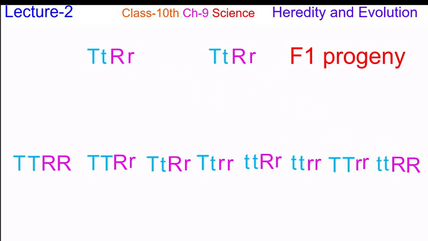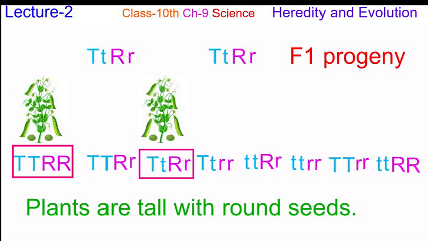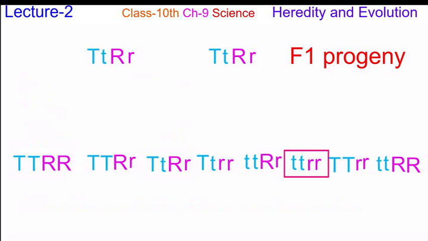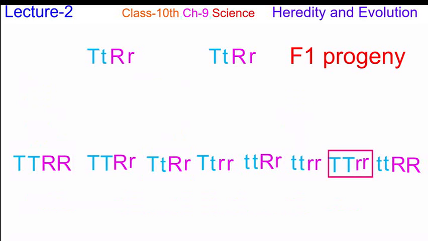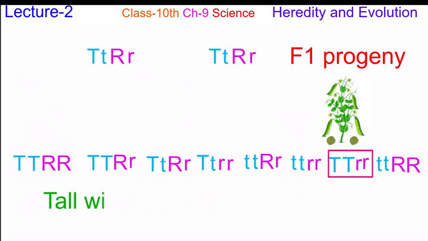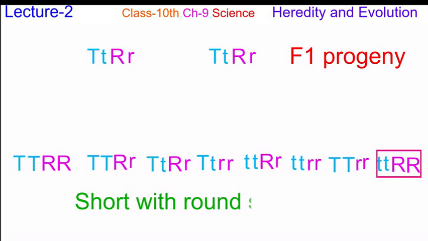In this F1 progeny reproduced to give F2 progeny, the first combinations, TTRR and TtRr, are tall plants with round seeds; ttrr are short with wrinkled seeds; TTrr are tall with wrinkled seeds; and ttRR are short with round seeds, and so on.